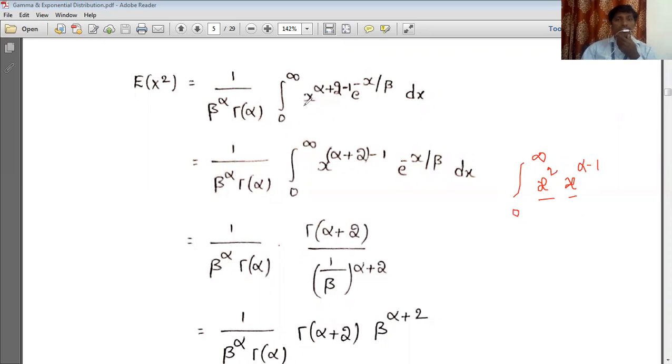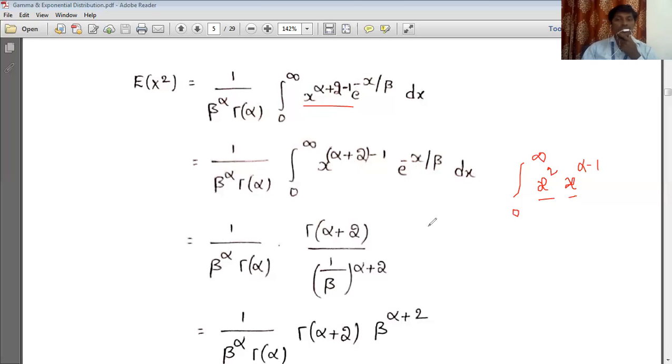So that is what we wrote here: x power 2 plus alpha minus 1. Same as the previous one, we write it as x power alpha plus 2, putting in one bracket, minus 1, e power minus x by beta dx.